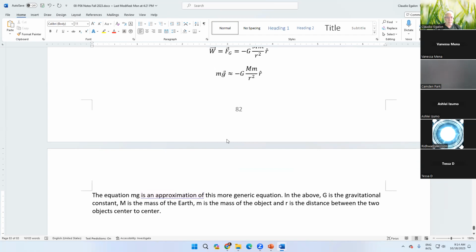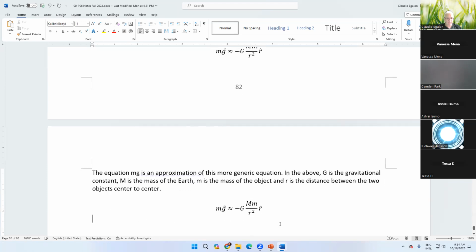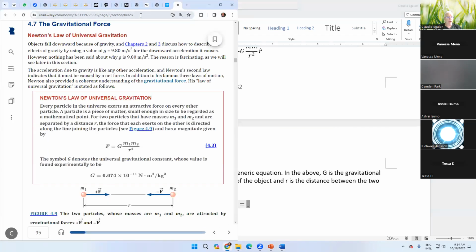Now, what about big G? Big G has a numerical value that I'm going to write down here. Must be in your book. Oh, right here.